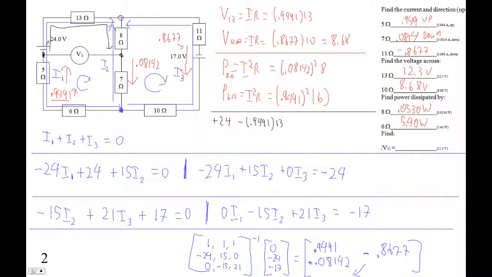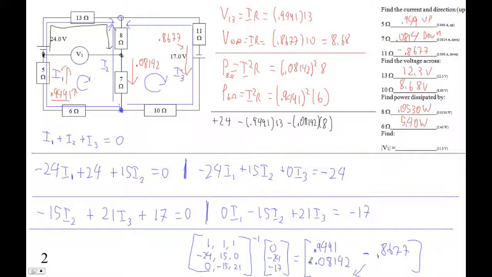I've gone through this guy. And then remember, this guy really is going down, so I'm going to go downstream through the 8. So minus 0.08142. All these things are current times resistance, and this guy is minus that because the current really goes down.